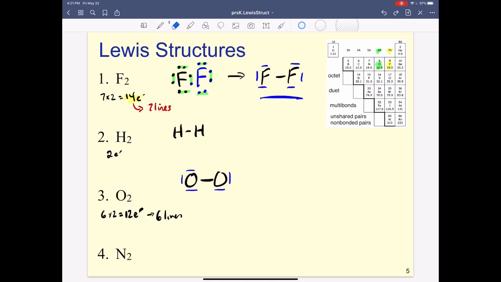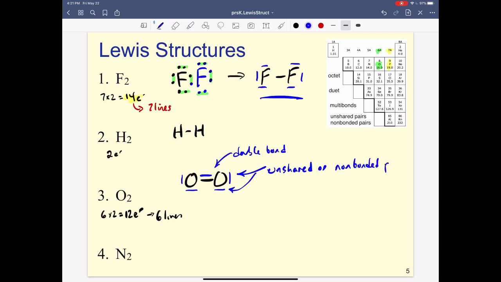So I'm going to get my eraser out and move an electron pair in between and create what's known as a double bond. We would call these electrons that we are surrounding each atom with unshared or non-bonded pairs of electrons.